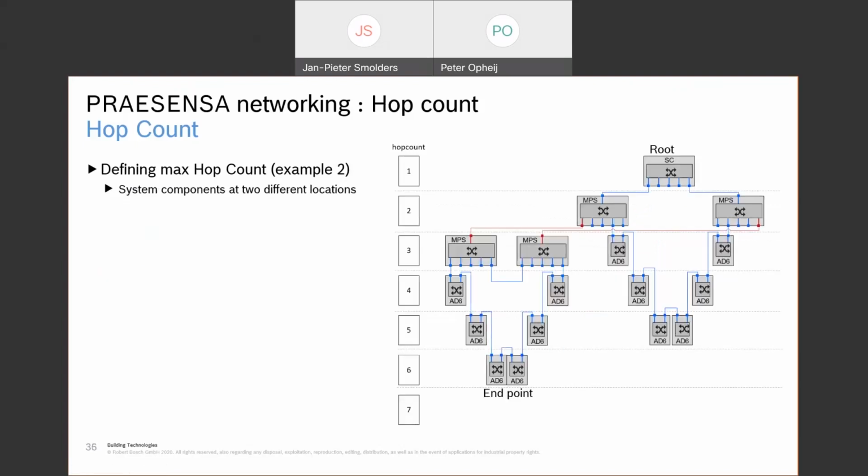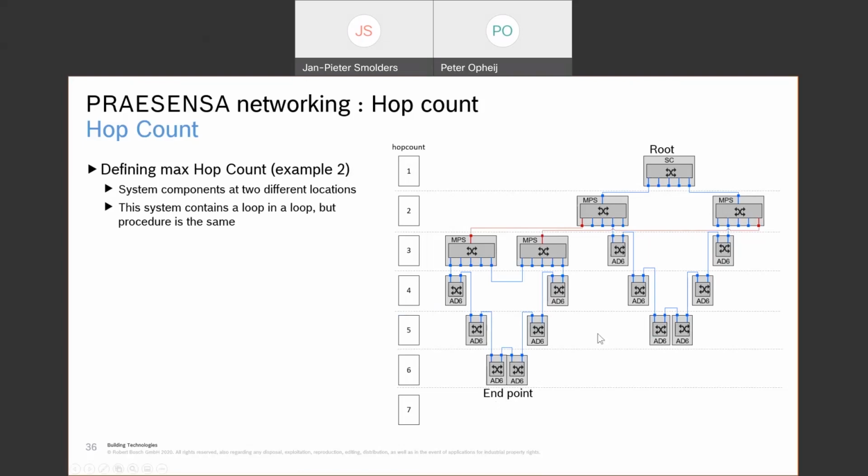A more complicated design. We have 2 systems, perhaps a bit difficult to see, but we have 2 systems here, one on top, where we have, just for this example, a controller and 2 MPSs, and then you see the red lines, glass fiber connection to another location. So this part on the left is a remote location for a system, or part of that system.